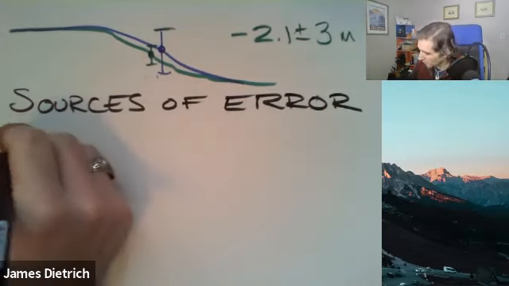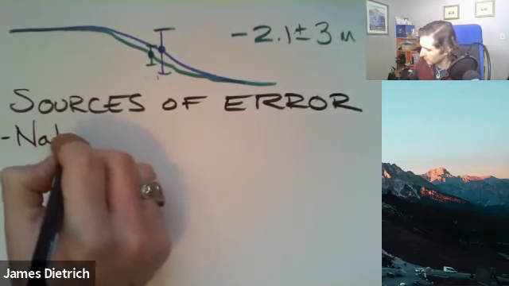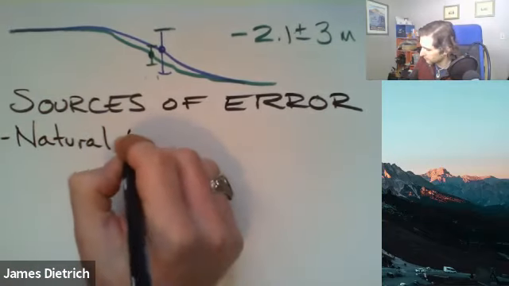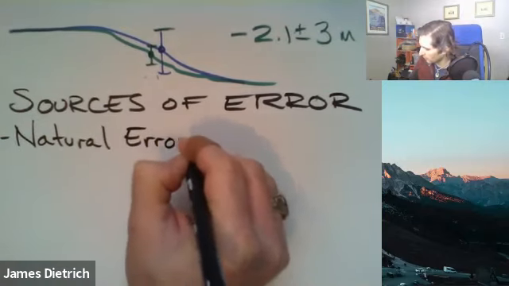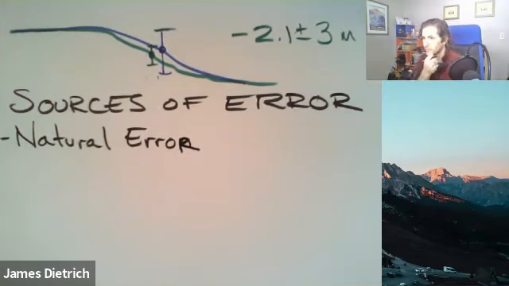So the first type of error that we see in measurements is what we call natural error.